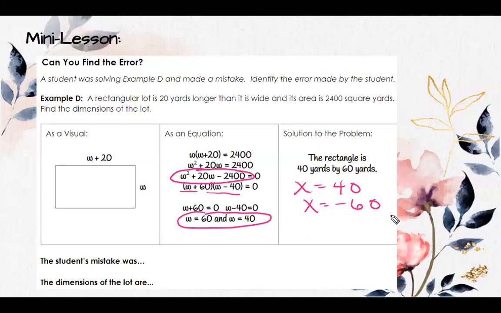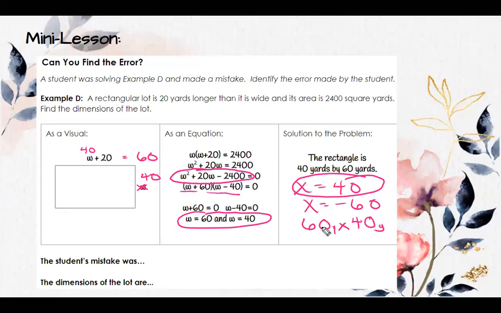Which one do I want to pick? The positive one. Okay, so I'm going to take this positive number, not the negative, but the positive one, and I'm going to place it where? Okay, so the top part equals what? And the side part equals 40. So 60, my dimensions are 60 yards times what? 40.